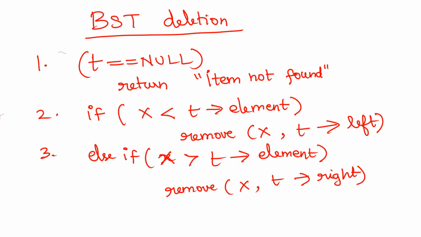So here in these conditions we need to perform our traversal. First condition, we are checking whether there is a tree or not. So the tree pointer is checked whether it is null or not. Second, if the element to be deleted, that is x, is less than the tree element, then it has to move on to left subtree. Otherwise, it has to move on to right subtree. That is given as condition 2 and 3.